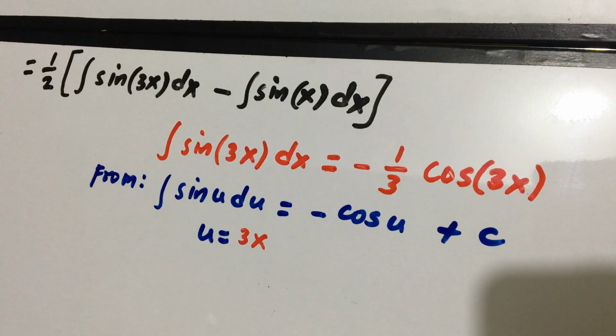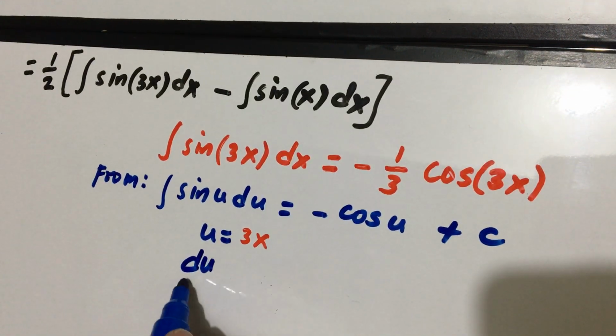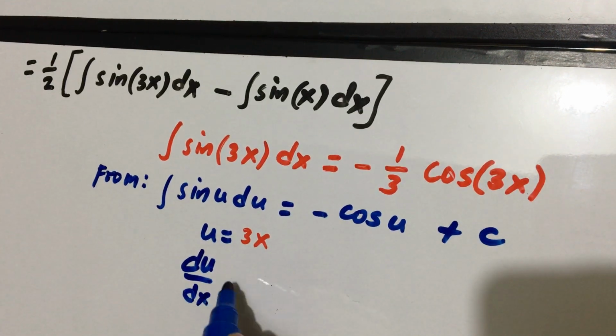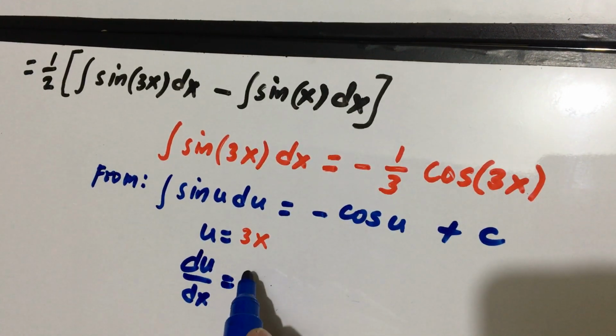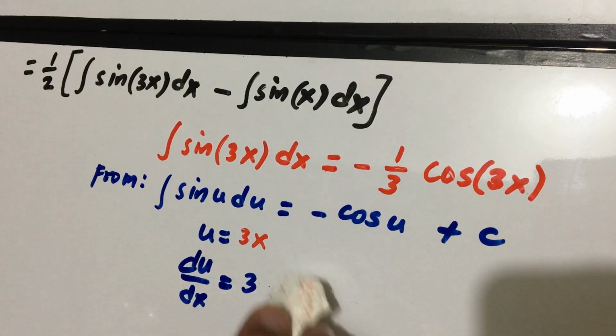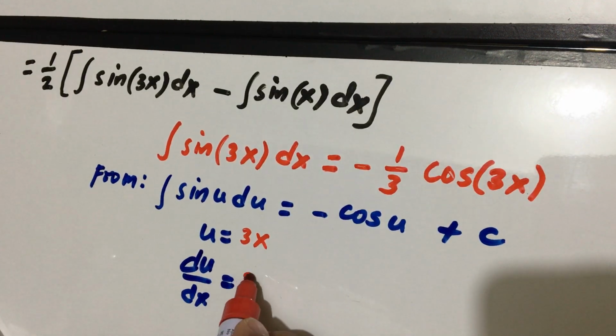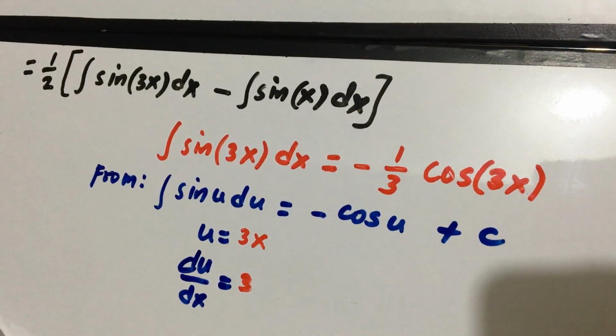So how will you solve du? From here, the derivative of u with respect to x is just 3, so du is equal to 3 dx. So this is 3 times dx.